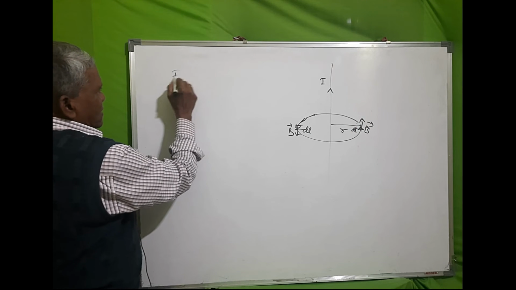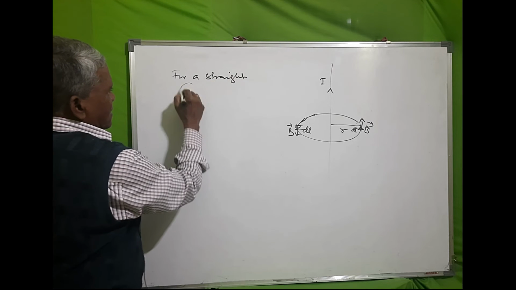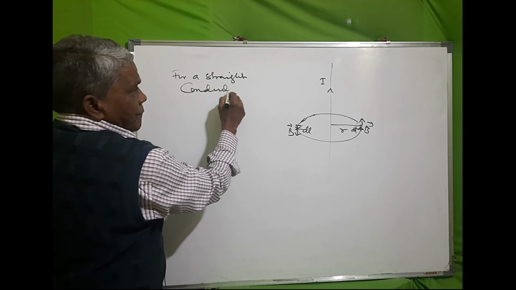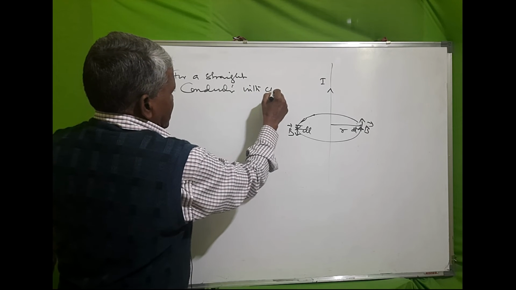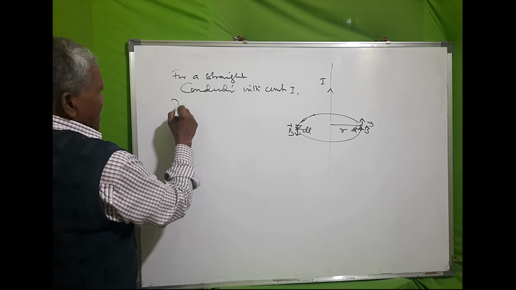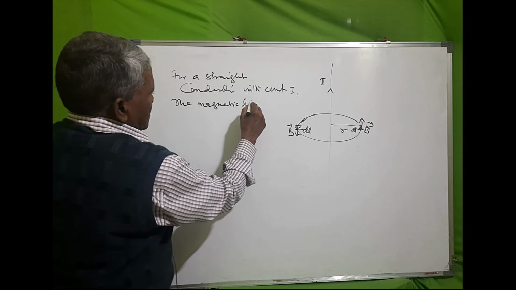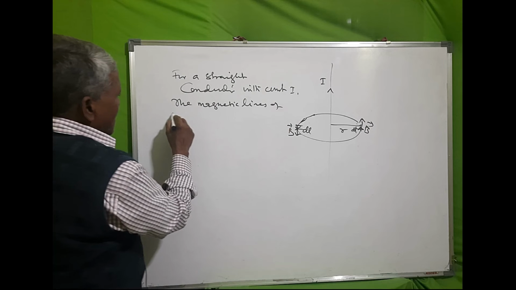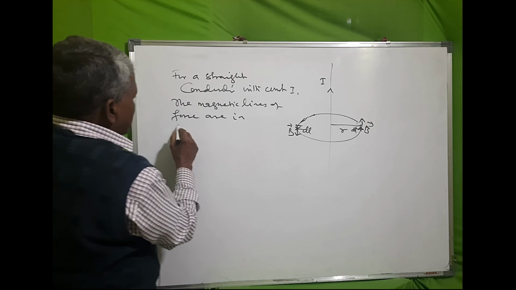For a straight conductor with current I, the magnetic lines of force are in concentric circles.